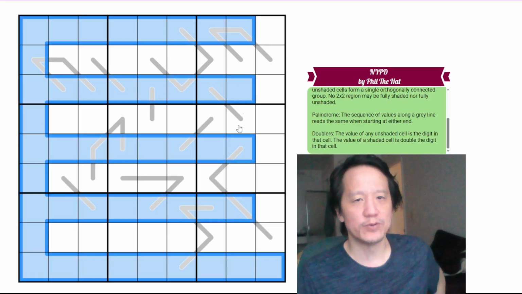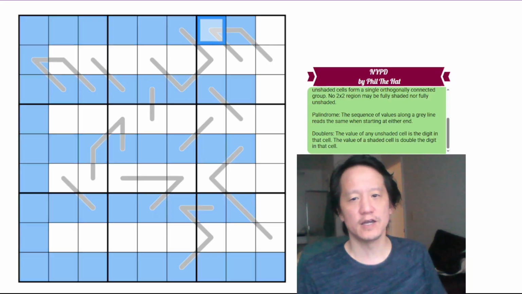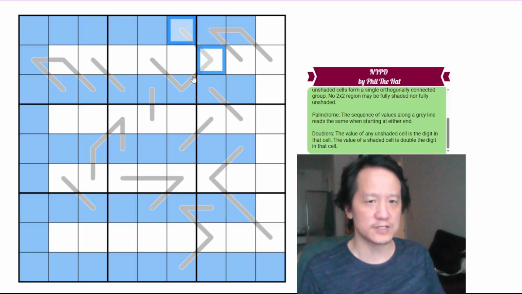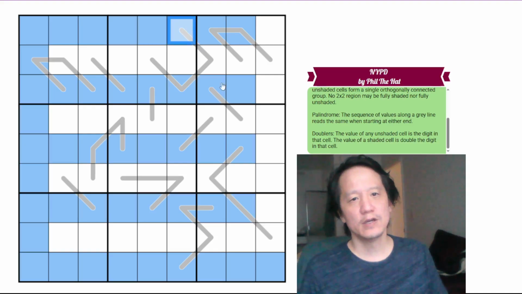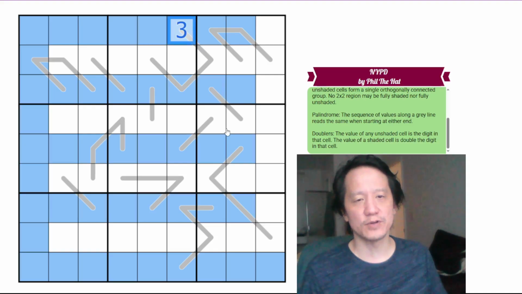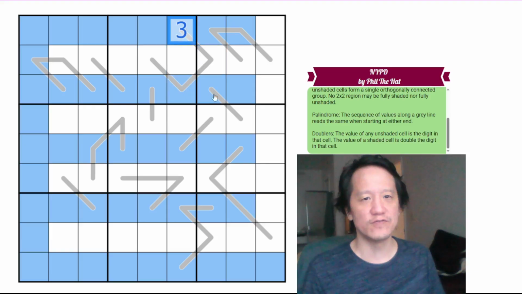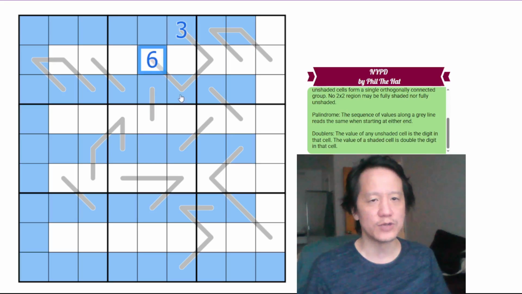So, for example, this wouldn't quite work, but let's use this cell as an example. If this were, say, a 3, this would have to be a palindrome this way, looking at the values. So the value of this would be, since it's shaded, double, so 6. That would match this. And then you could have 2 and 4 here.